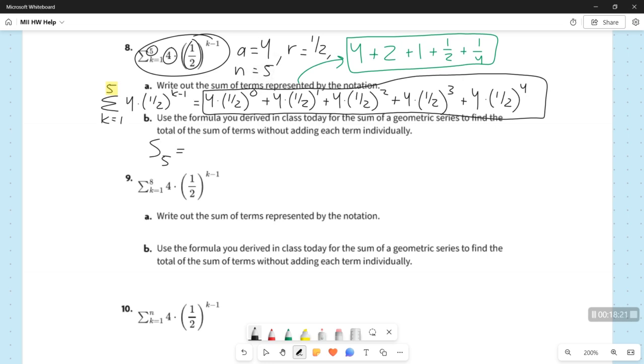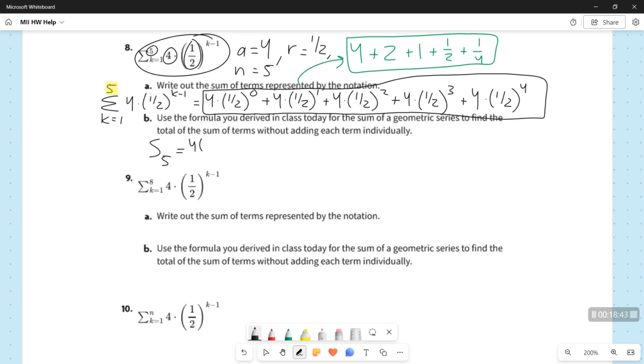Also, notice that in both the black sum and the green sum, we're adding 5 terms: 1, 2, 3, 4, 5. So those are all of our inputs into our function. Our partial sum formula says we start with a, which is 4.